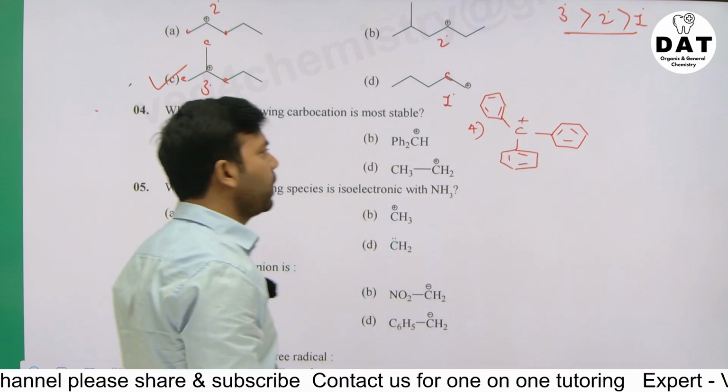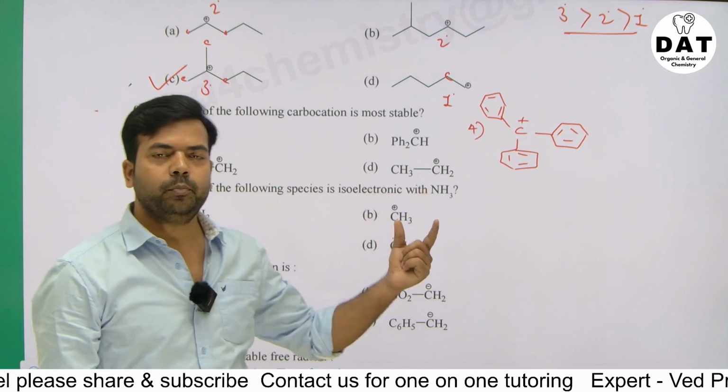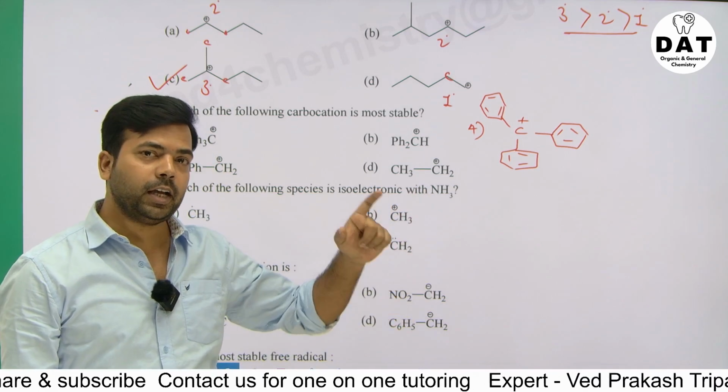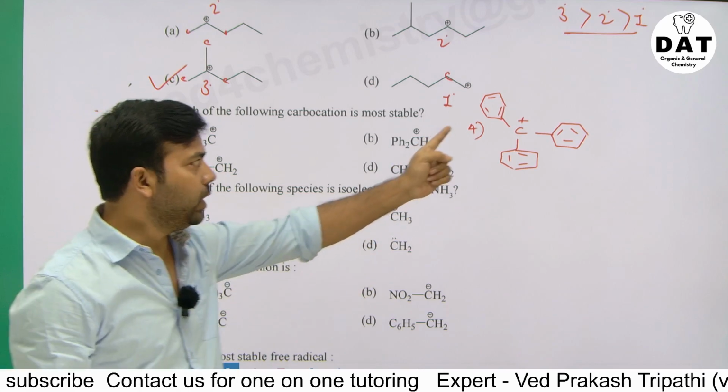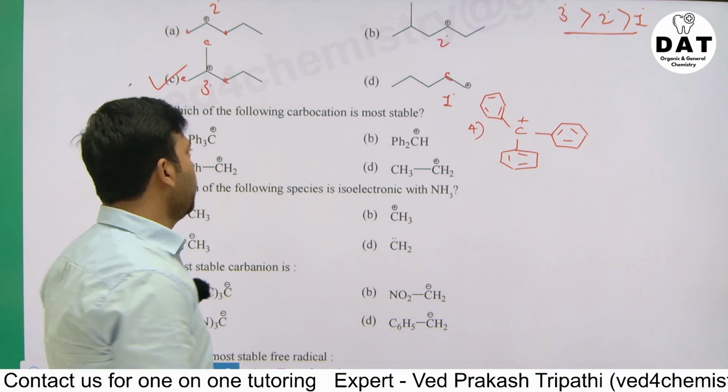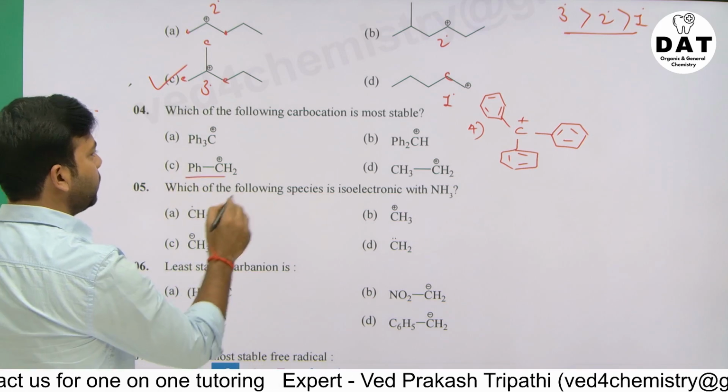Can you see? So we all know if a carbocation is directly bonded to benzene, then it has resonance in the ring. So here we have 3 benzene rings, means more resonance structures here, and here just 1 benzene ring, like this.